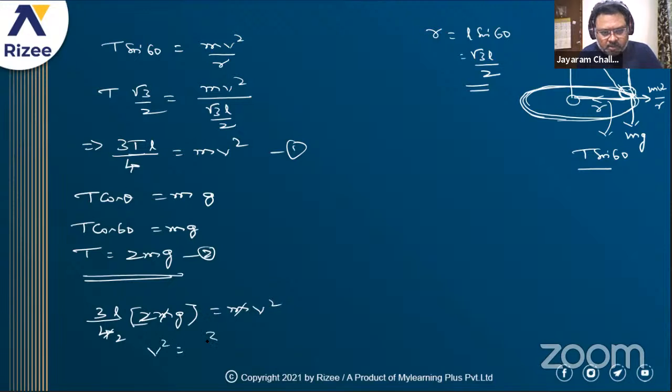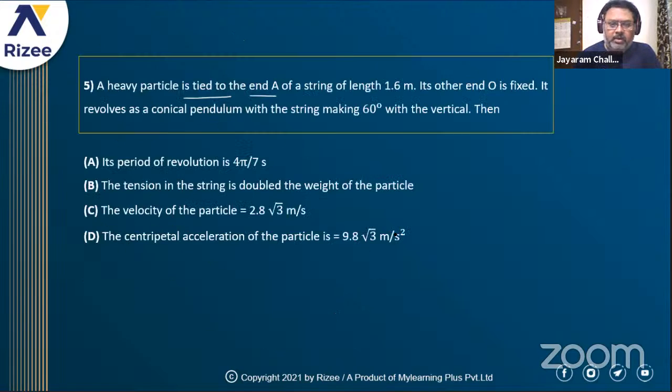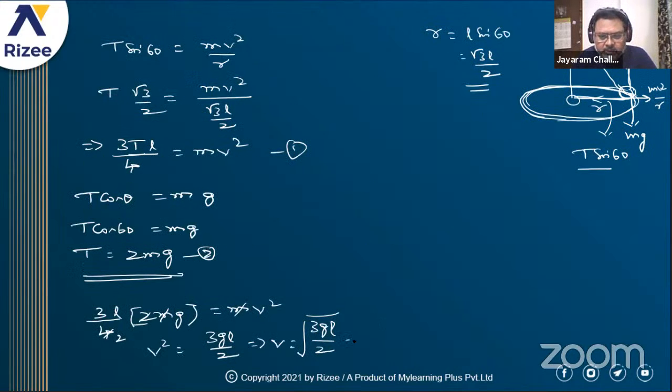So v square is equal to 3gL by 2, or v is equal to root over 3gL by 2. Okay, so he has given the values, so we need to find out the values. So we are trying to get the C option. Substitute the values, please. Root over 3 into 9.8 into 1.6 by 2.